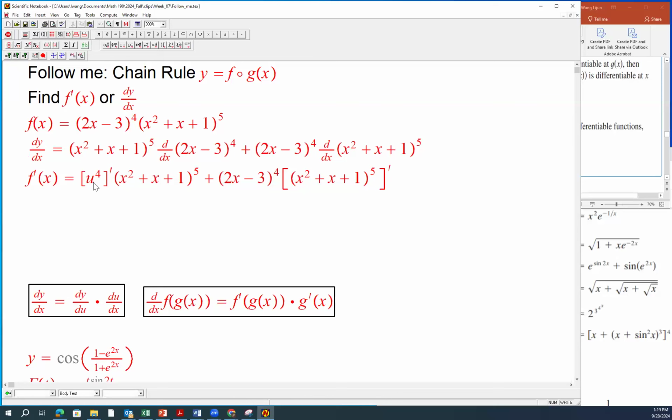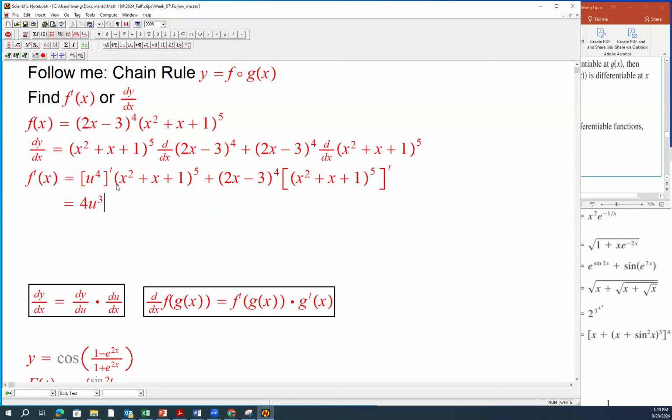You don't have to explicitly introduce this u, but you see it as u to the power 4. So you're differentiating with respect to u, okay? You differentiated with respect to u. So you got 4 times u to the power of 3.